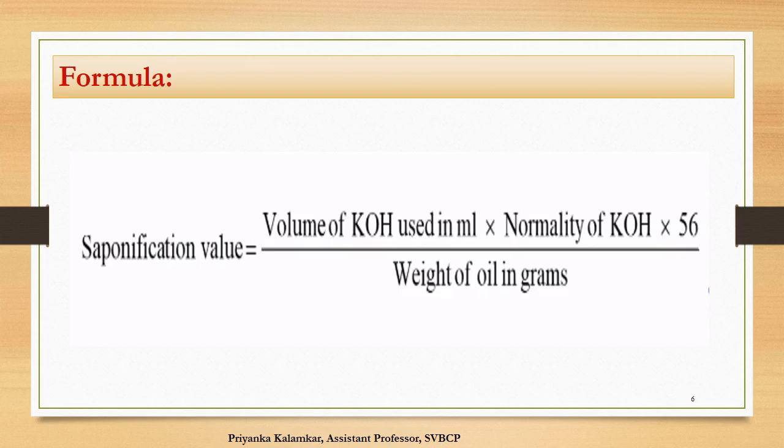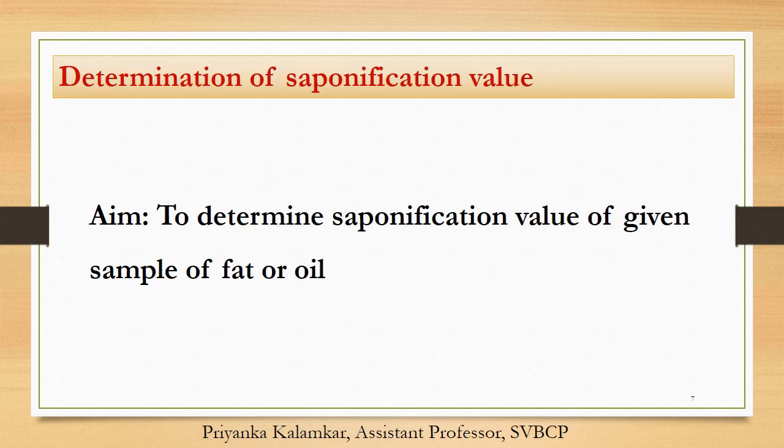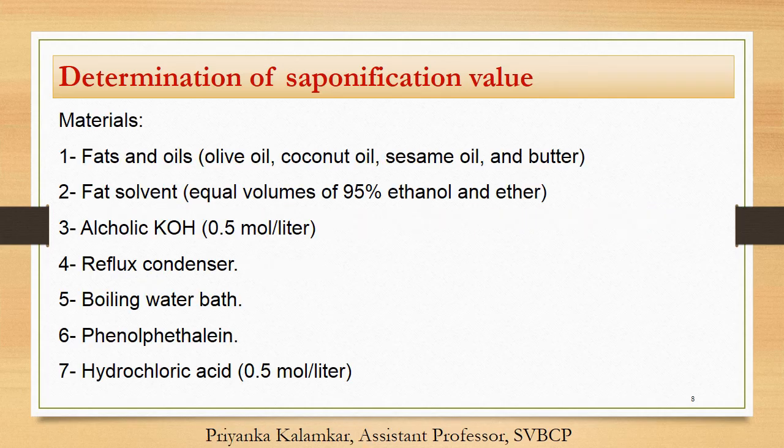You have to see in the procedure what amount of sample you are taking and substitute it in this formula, making sure you write it in grams. So this is the formula for saponification value: volume of KOH used into normality into 56 divided by weight in grams. Now we'll come to the aim of today's experiment, that is to determine the sap value of given sample of fat or oil.